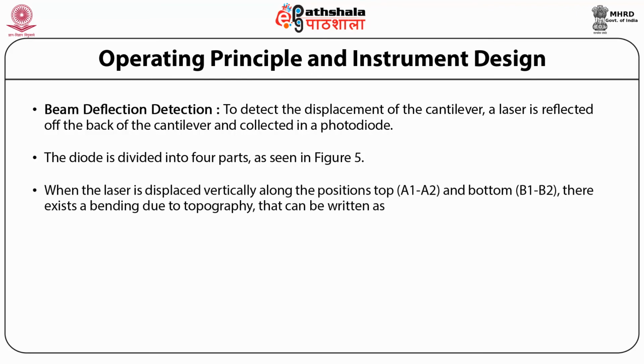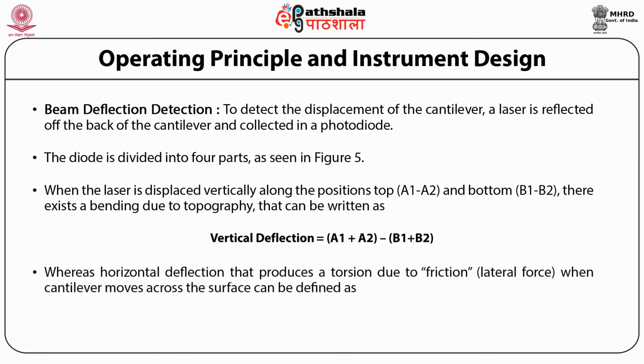When the laser is displaced vertically along the positions top A1, A2 and bottom B1, B2, there exists a bending due to topography, that can be written as vertical deflection equals (A1 + A2) minus (B1 + B2), whereas horizontal deflection, that produces a torsion due to friction, that is a lateral force, when the cantilever moves across the surface, can be defined as horizontal deflection equals (A1 + B1) minus (A2 + B2).